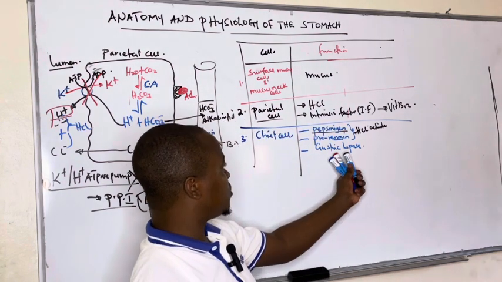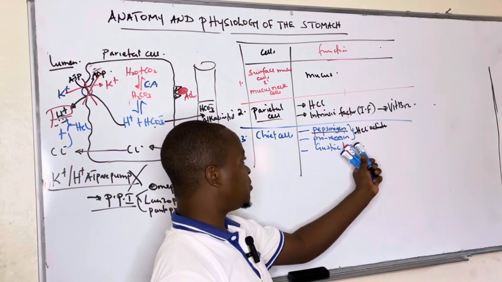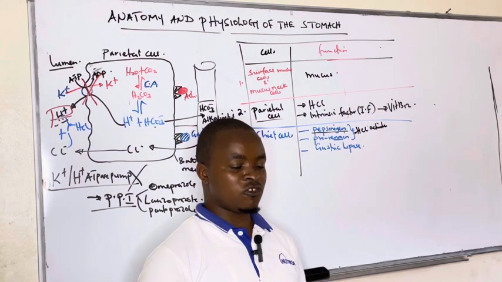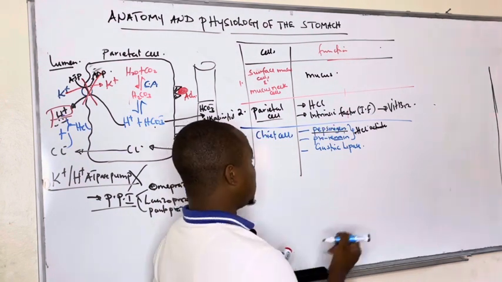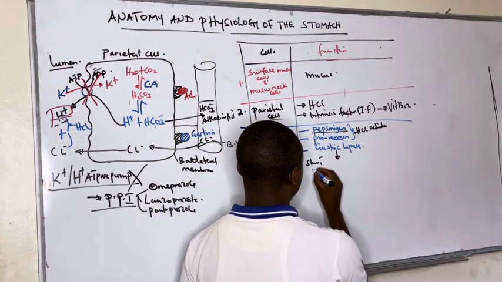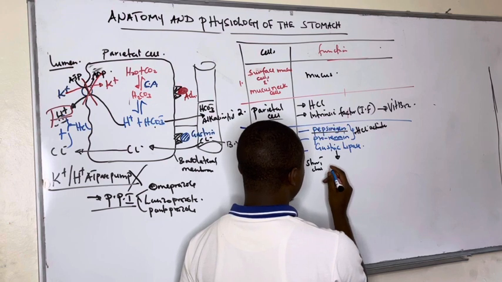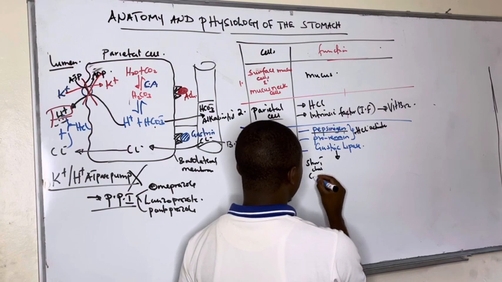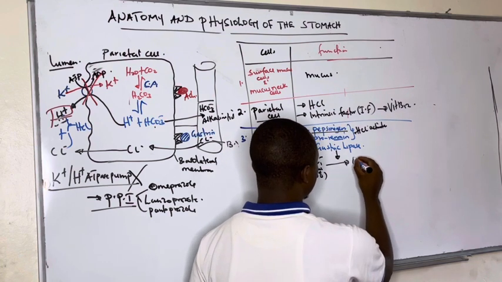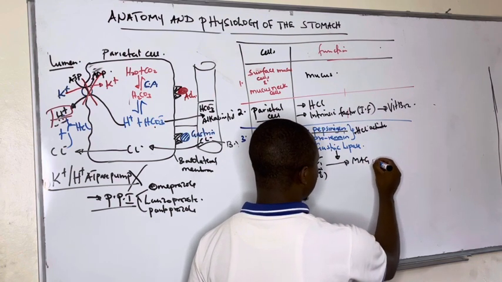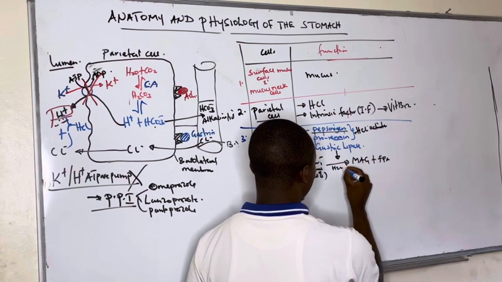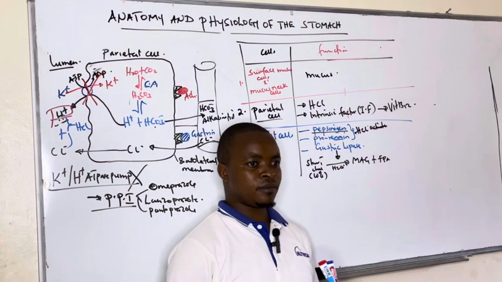Then there is also gastric lipase, and this gastric lipase works also on short chain triglycerides. Only 10%, its action is 10%, and it breaks them down into MAG, that is monoacylglycerol, plus free fatty acid in the presence of water.